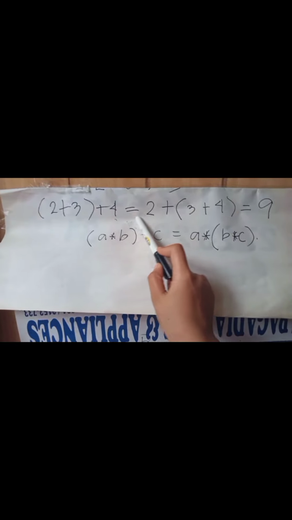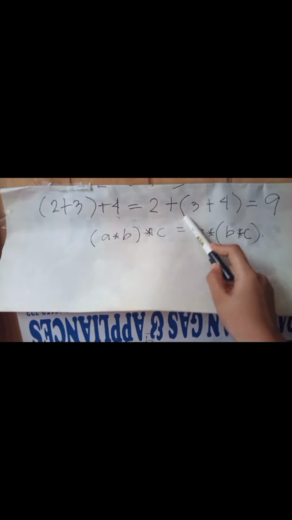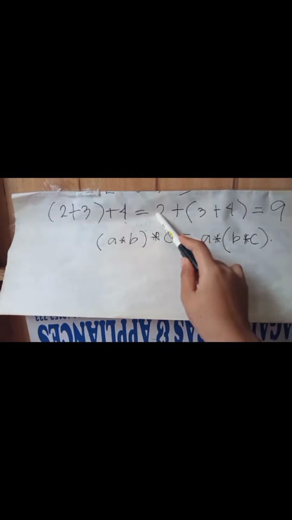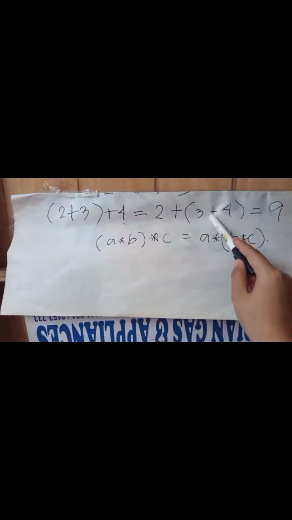Associativity. It is a property of binary operation, which means that rearranging the parentheses in an expression will not change the result. Addition of integers has the property called associativity. That is, the grouping of the numbers to be added does not affect the sum. So, for example, open parentheses 2 plus 3, close parentheses, plus 4 equals 2 plus open parentheses 3 plus 4, close parentheses equals 9, because 2 plus 3 equals 5 and plus 4 equals 9.